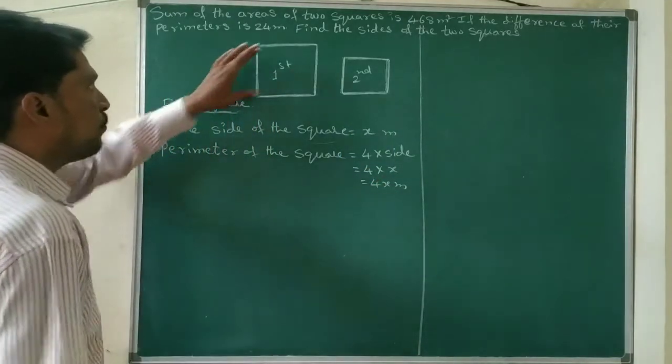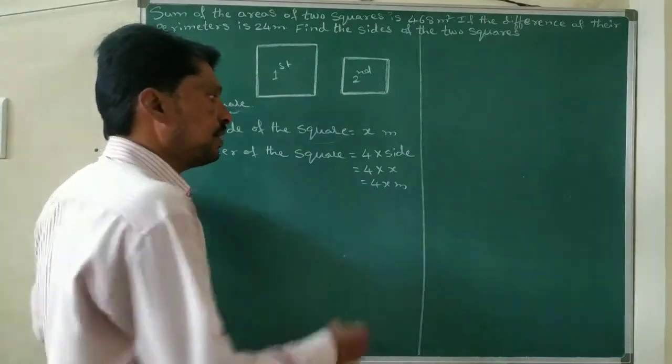Now here we got the first square perimeter, 4x meters.